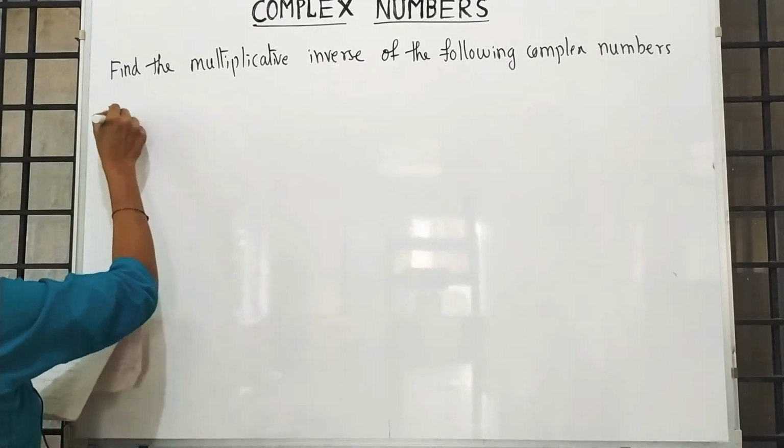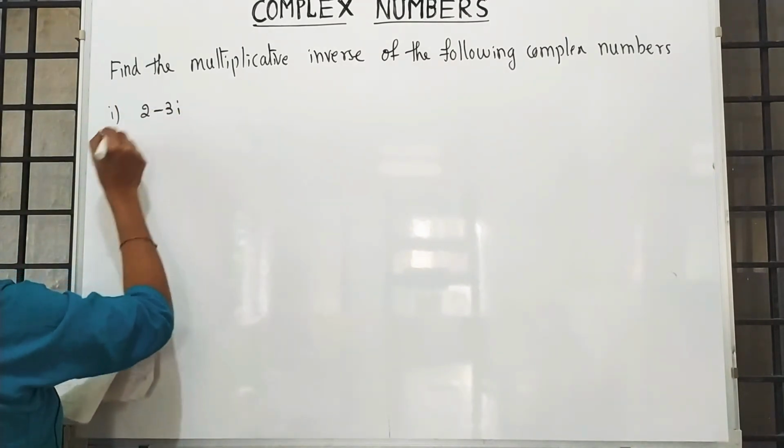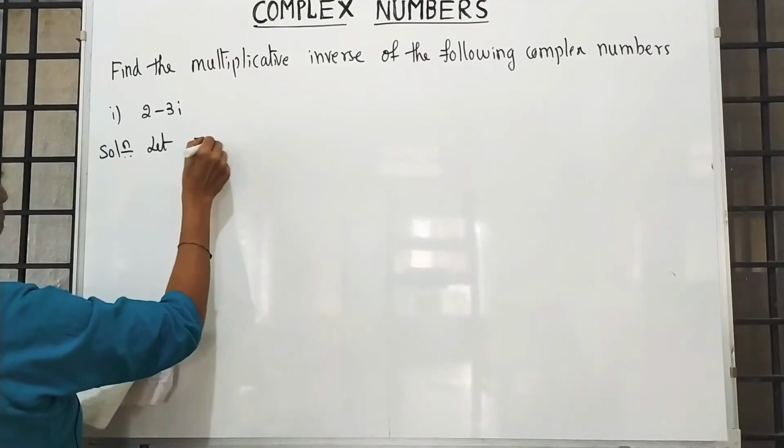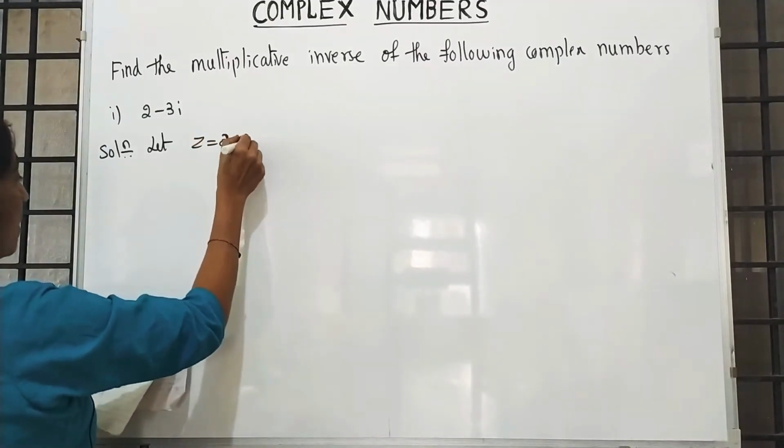First one, 2 minus 3i. Let us call it z. Let z is equal to 2 minus 3i.